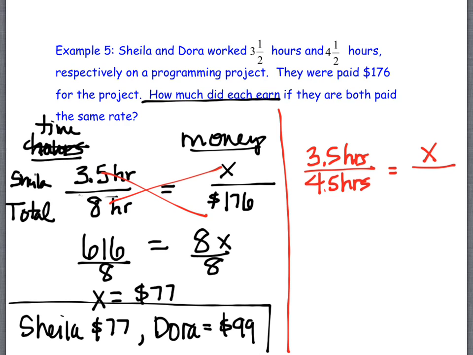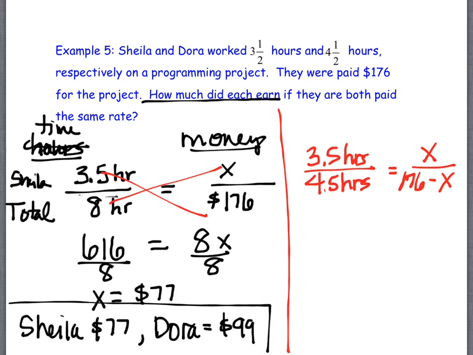Now think with me for a moment. When we actually found out that Sheila made $77, most of you found out Dora's amount by doing what? Subtracting. What did you subtract? The total amount, which was 176, minus what? Sheila's amount. In this case, it would have been X.